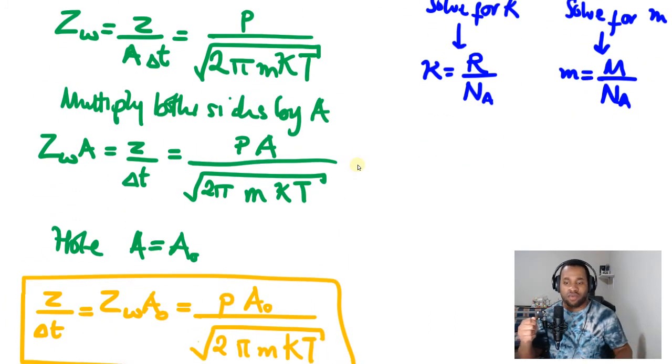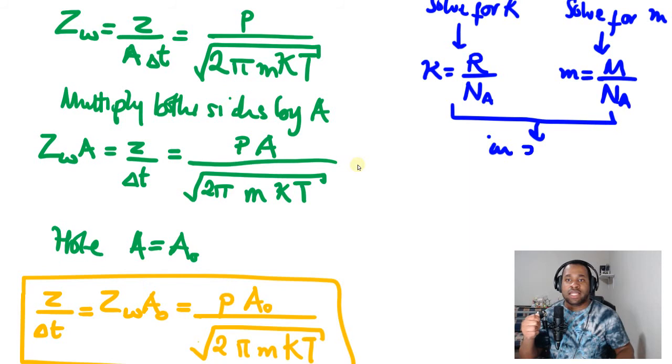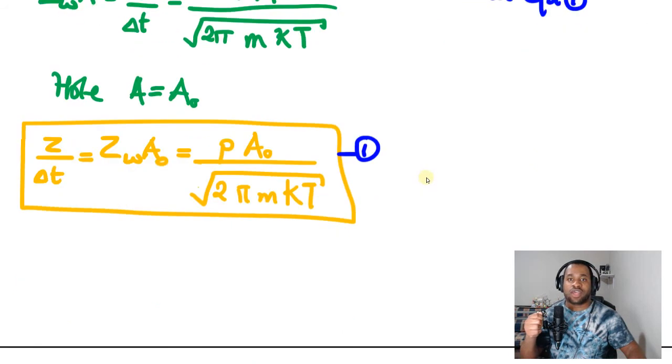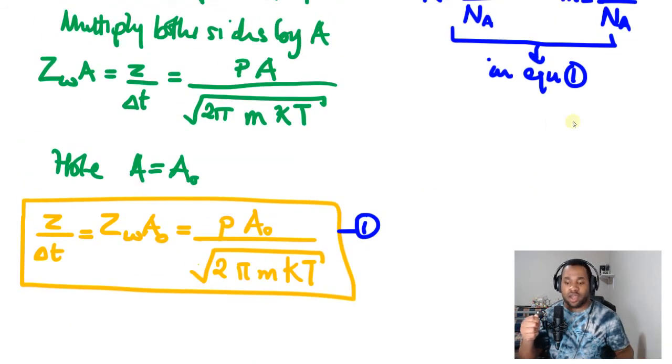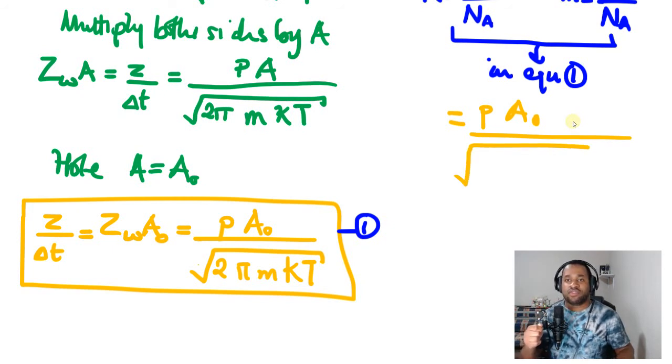Let's make this equation 1, and therefore we are going to get our new expression where we are going to first off make this equal to P multiplied by our specific area of the hole, divided by the square root of, first we have 2 pi.